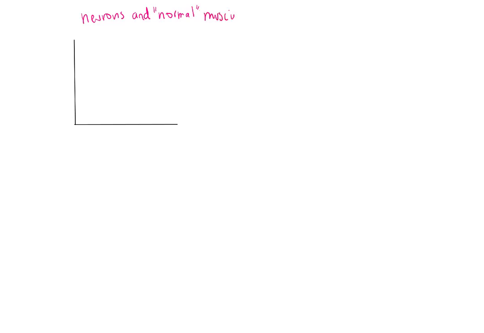So for neurons, an action potential, if you measure voltage over time, looks like this. Let me draw my axes, and I'll label this too. So this is neurons and, let's put normal in quotes, neurons and quote-unquote normal muscle cells.